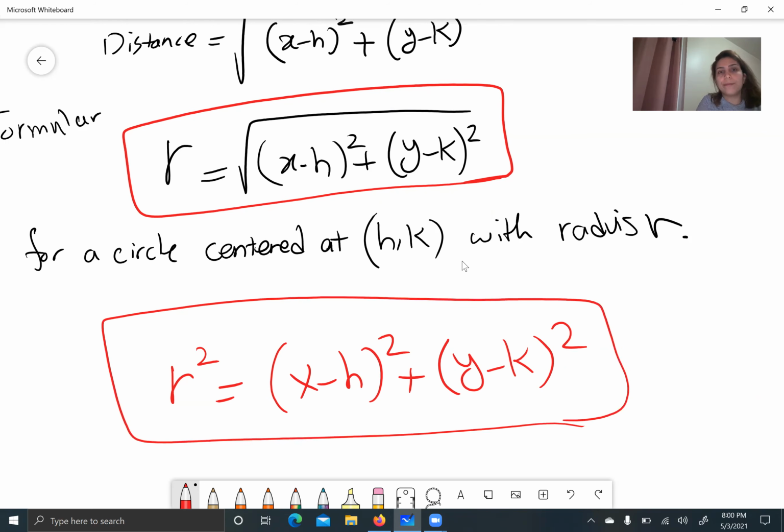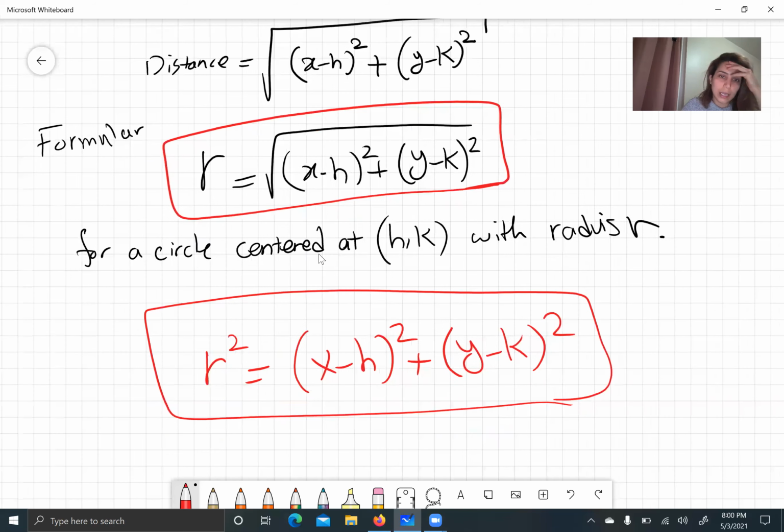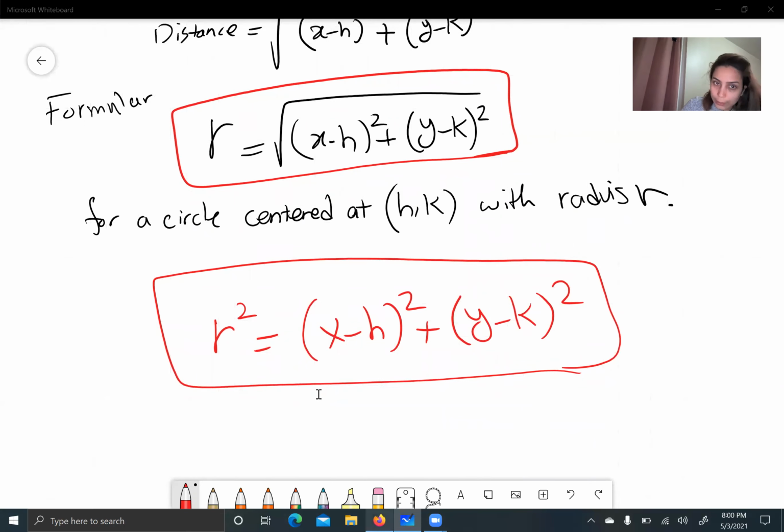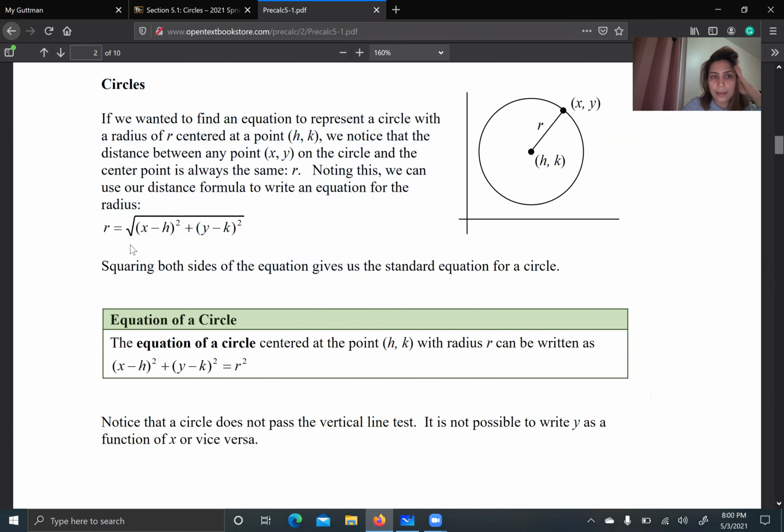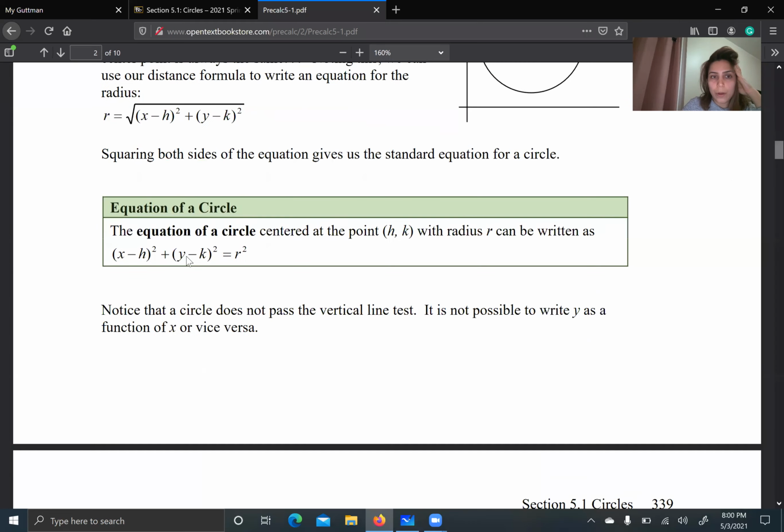The top format has the square root. The second format comes without the square root. So as you can see, radius can be obtained by the distance formula, and then if you like, you can square both sides of this equation, and then you can say this is the equation of a circle, and the center is H and K, and radius is R.